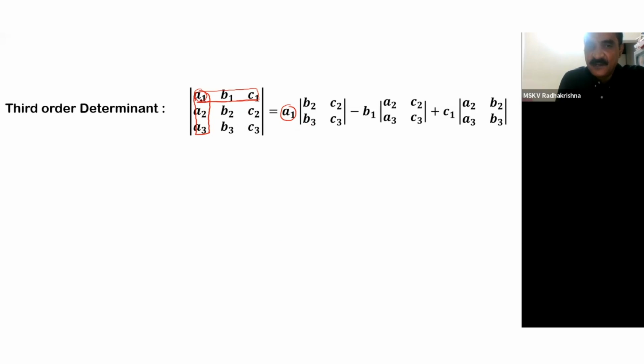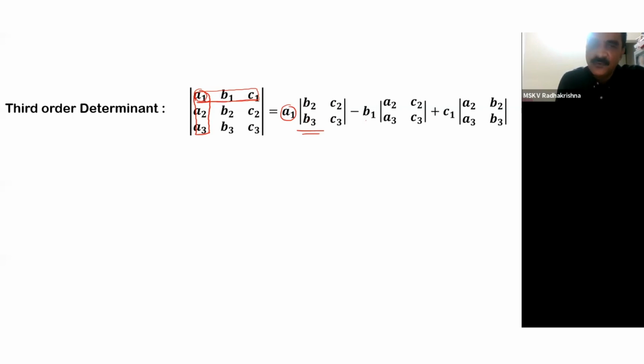So first number of the first row into the subdeterminant formed by deleting the row containing A1 and column containing A1. So A1 into this second order determinant. Coming to B1, we have to take minus sign.